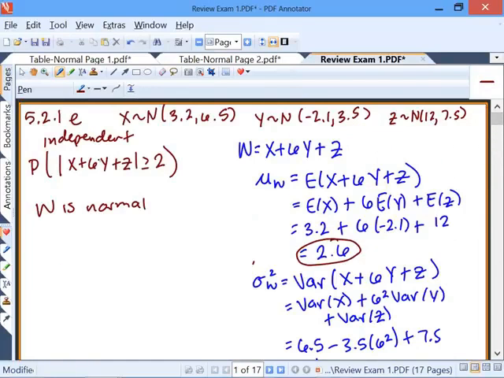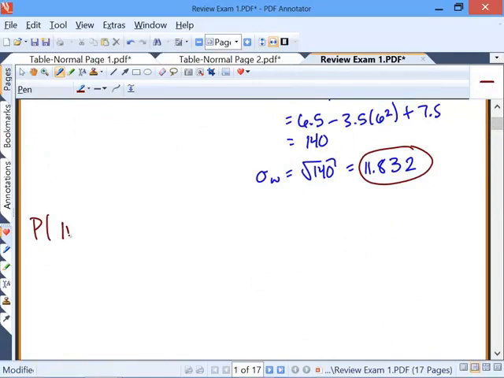Once we know our new mean and variance, let's try and find the probability. Instead of the absolute value of X plus 6Y plus Z, let's rewrite it as the probability that the absolute value of W is greater than or equal to 2. Once I write it like this, do you know how to find that probability from section 5.1? It doesn't look so complicated anymore. How did we find this probability yesterday when we were talking about section 5.1?